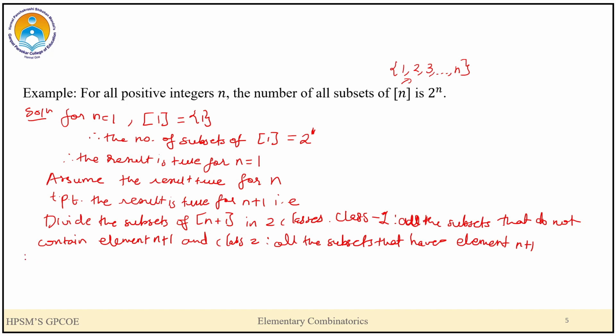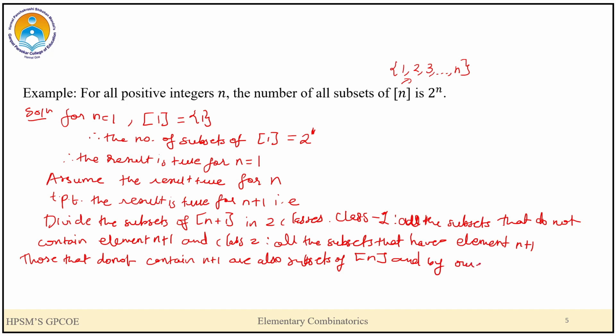So those that do not contain n plus 1 are also subsets of [n], and by our assumption it is 2 raised to n.